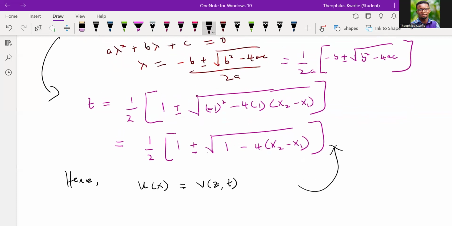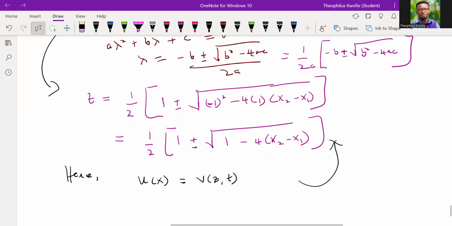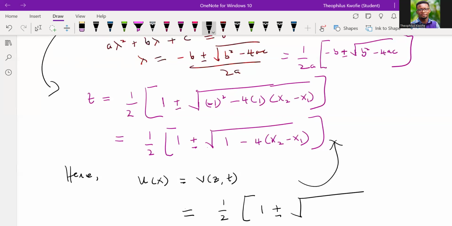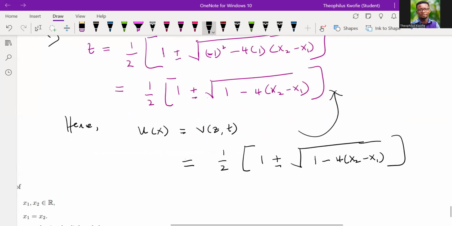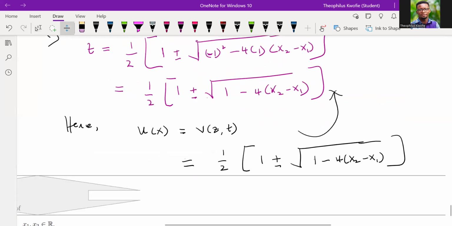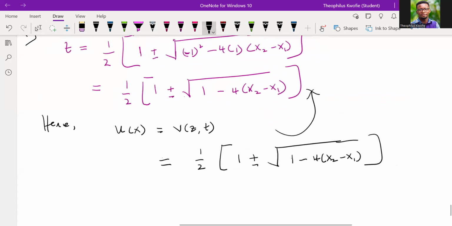So on that note, our u will be equal to half of 1 plus or minus root of 1 minus 4 multiplying x2 minus x1. Is that okay? So we have this. Very important. Let's take note of that.